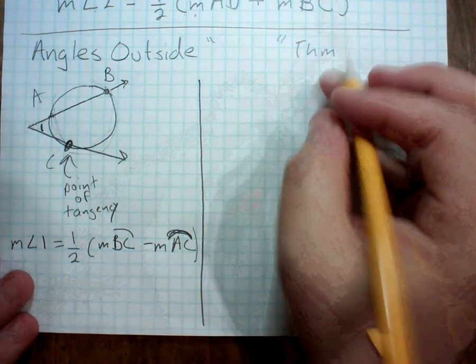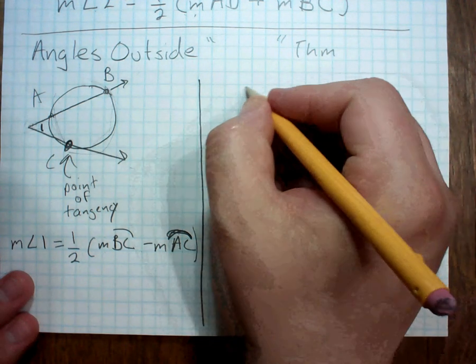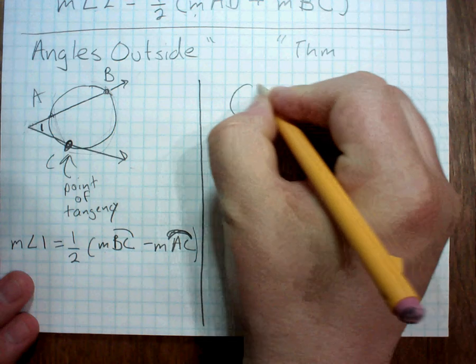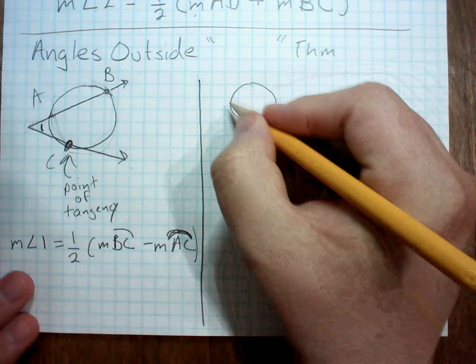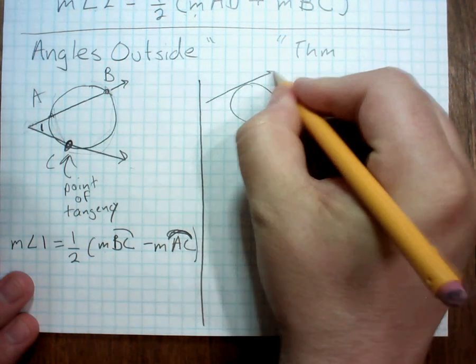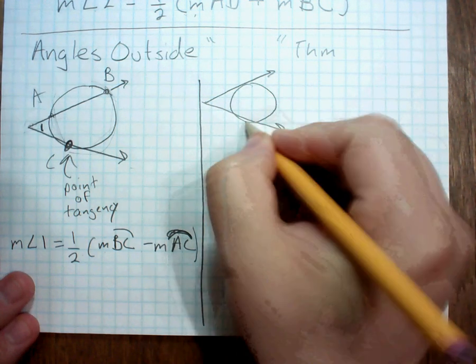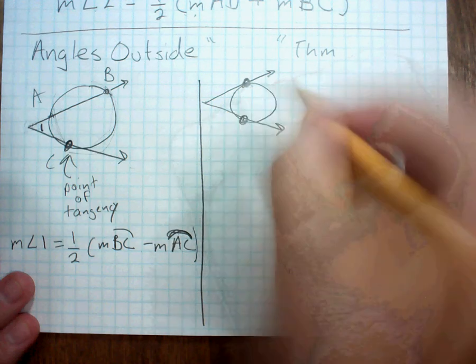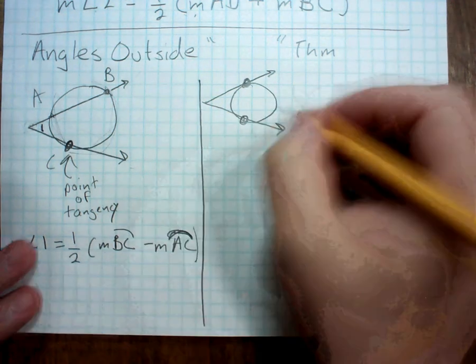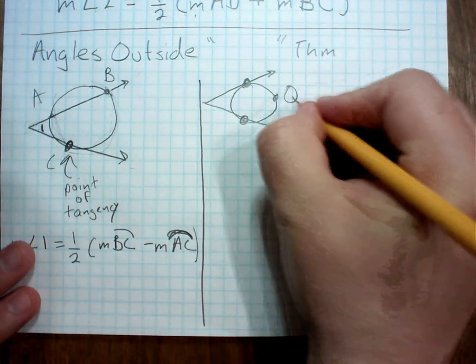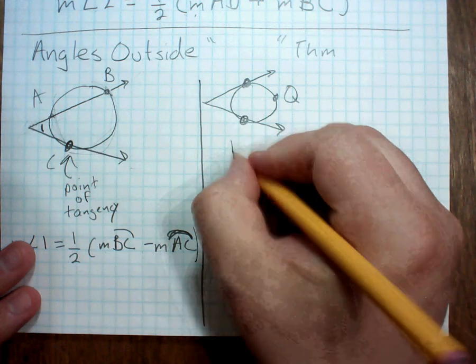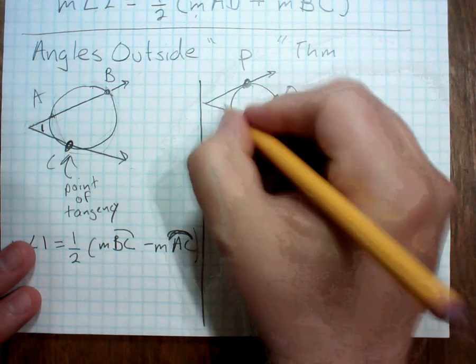Now, there's three scenarios here total. So if I have another scenario that looks like this, and I have a point of tangency here, and a point of tangency here, right? And we'll label this Q, R, and P, and then the measure of angle 2.